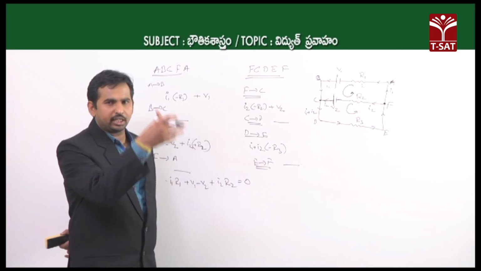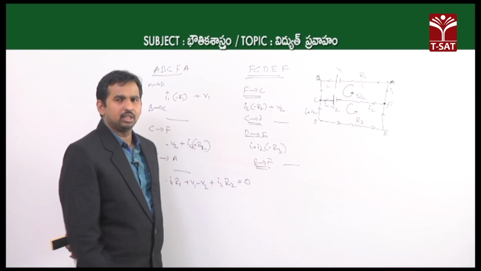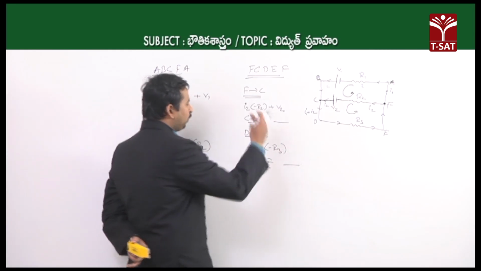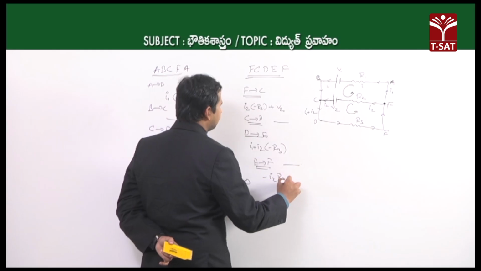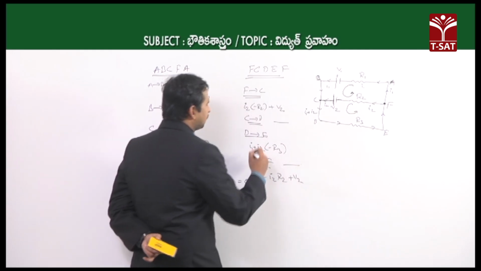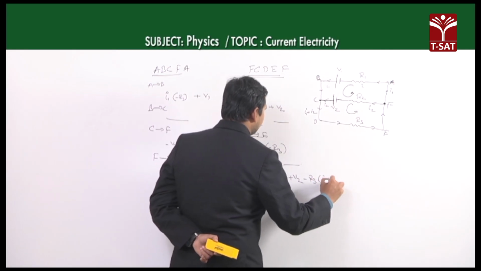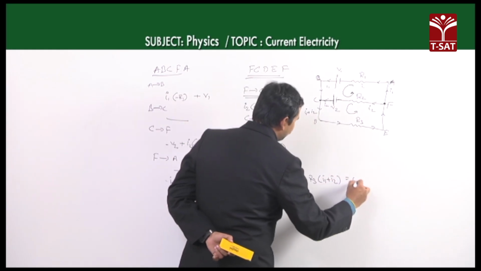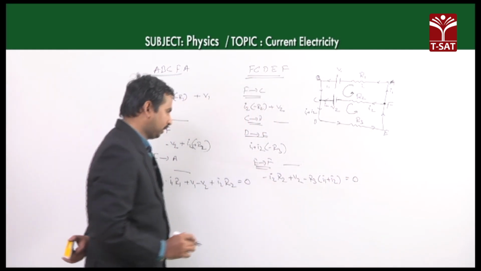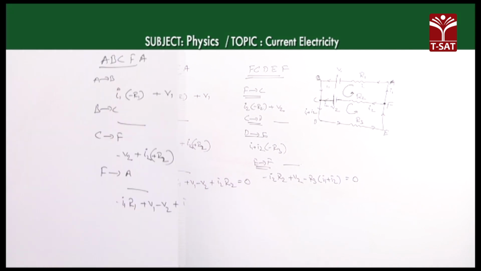Then you have to take the algebraic sum of all these potential differences across the different components. So if you add all, minus I2 R2 in the first case plus V2, and in the second case minus R3 times I1 plus I2, this algebraic sum is equal to 0 for a closed circuit. This is what is given in Kirchhoff's second law.